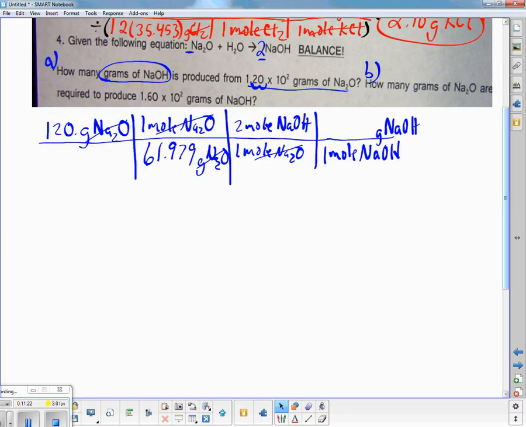So has anybody got that added up? Should be close to 40, I think. Okay, moles go out, taking times to the top, divide by the bottom, since there's only one number on the bottom that's not a 1. We don't have to put in parentheses.